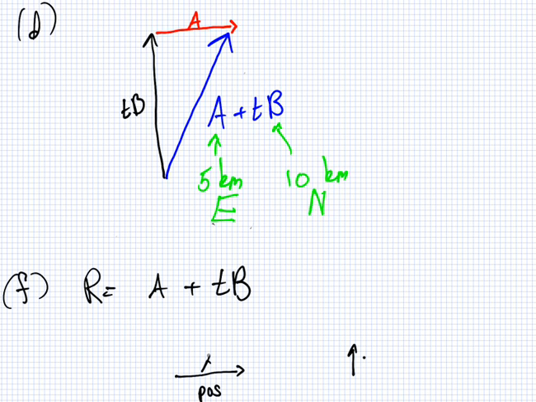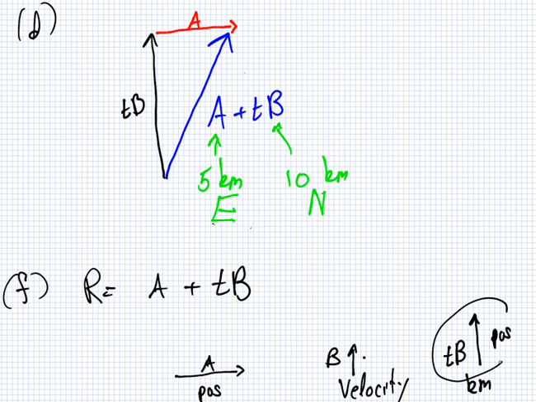So we want the dimension of TB. That's the dimension of T, the dimension of B. Now just remember what T is here. It's 2 hours, isn't it? And B here, what did we say it was? It was like 5 kilometers per hour, north or whatever.